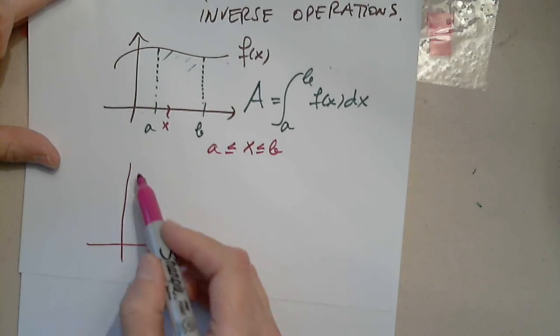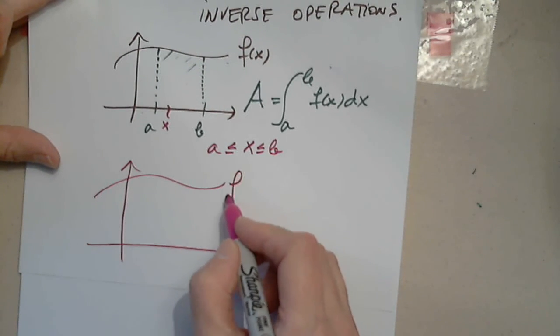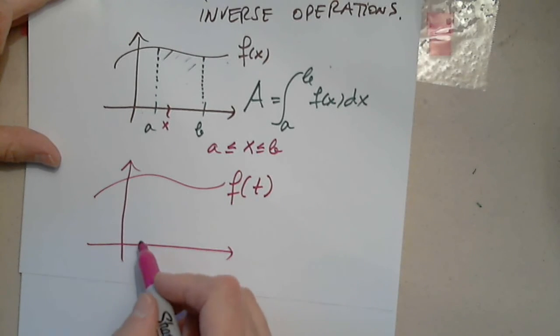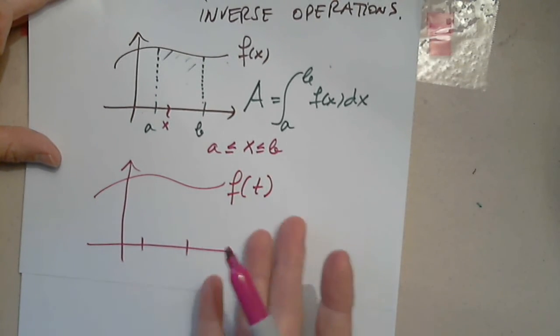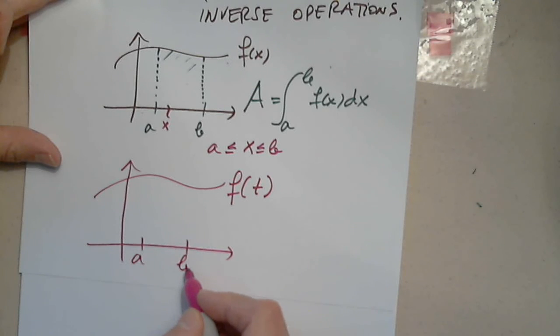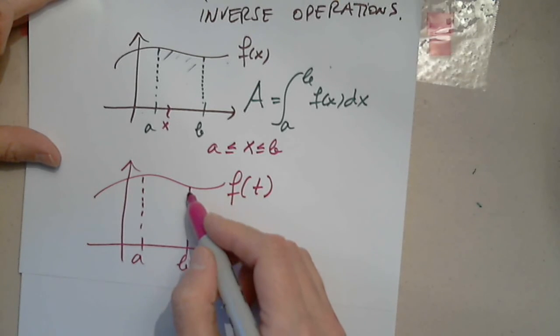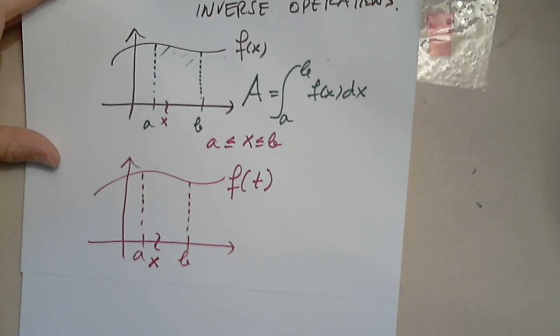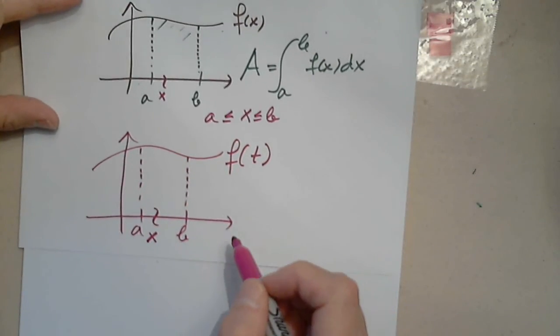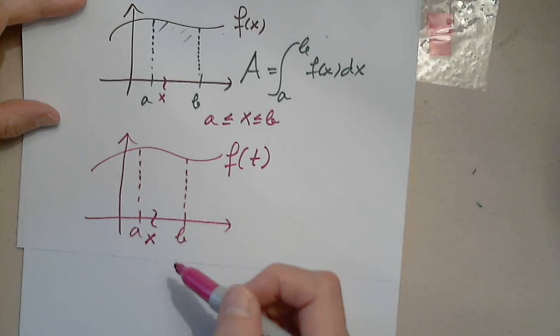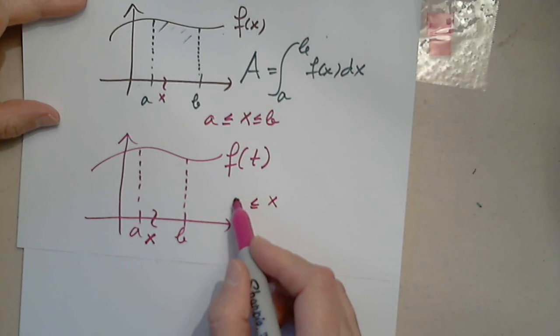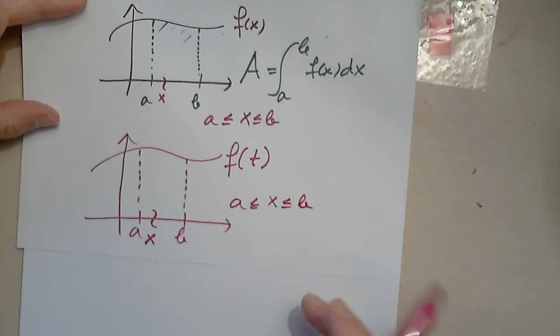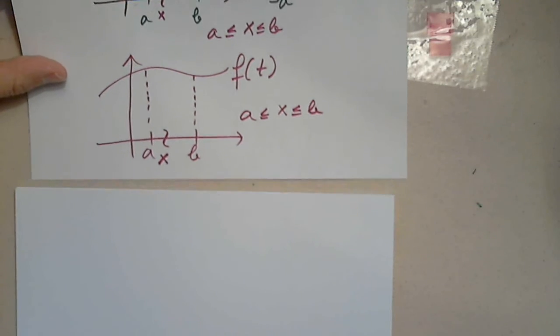I'm just going to create the graph again. So this is a function f of t. Same function, but now of t instead of a, doesn't really matter. And this is x right here. And this time I will say, you know, x can be any number between a and b.